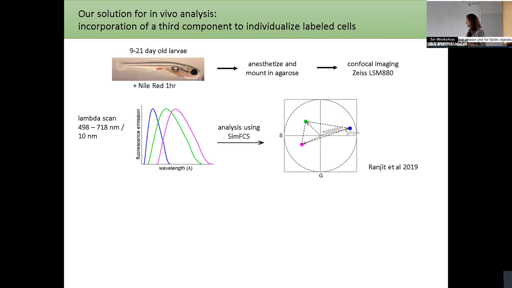Okay. The expected result will be that we will have 3 components, 2 due to Nile Red and an extra one due to EGFP. Okay, and as was mentioned before also in the workshop, the pixels that lie within this triangle will have a mixture of the three components, okay?